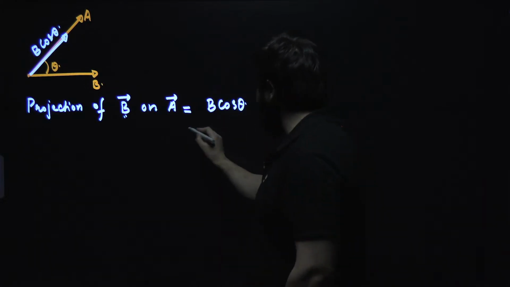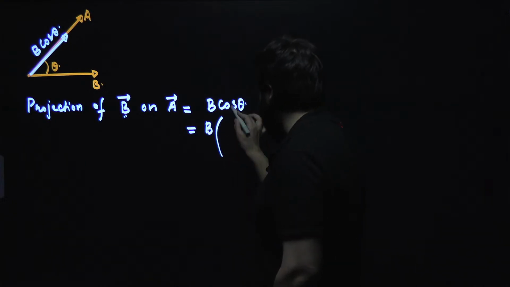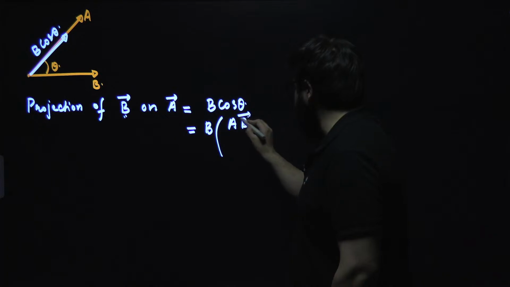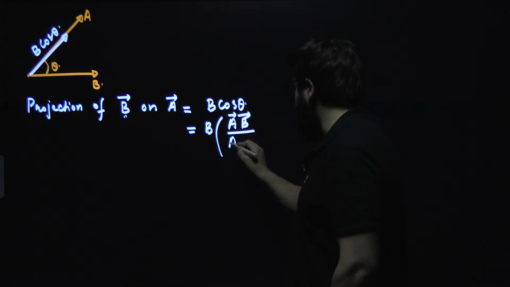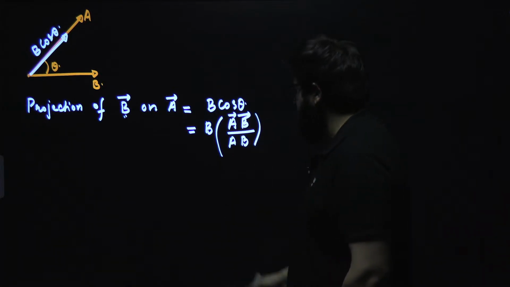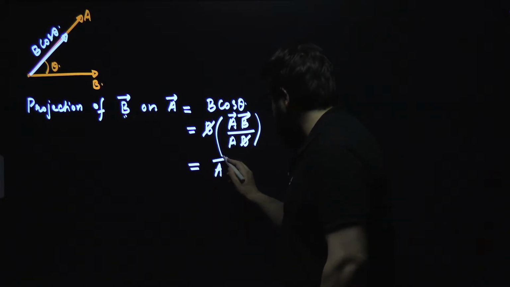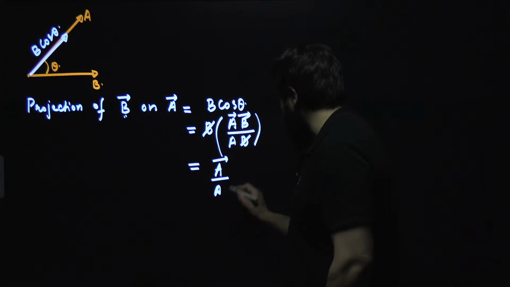And when it comes to cos theta, I recently told you that it is A vector dot B vector divided by mod of A mod of B. Now this and this will cancel over here. So what remains is A vector divided by mod of A, into B vector.